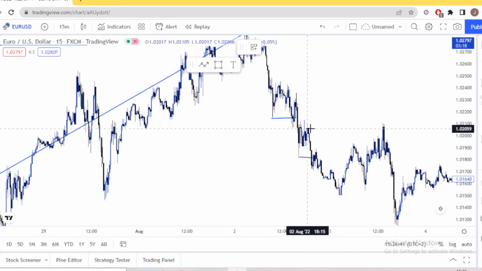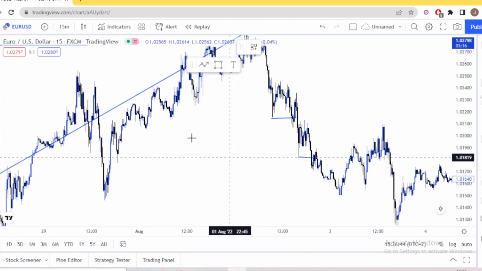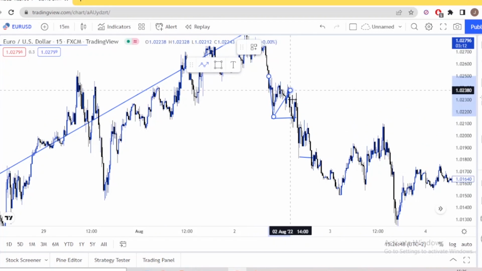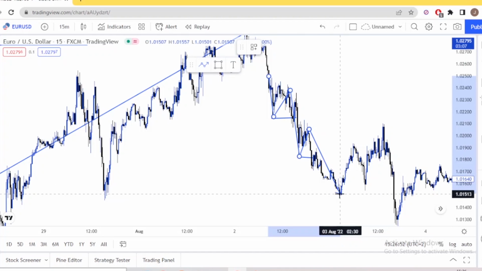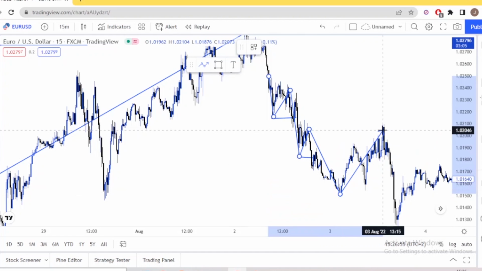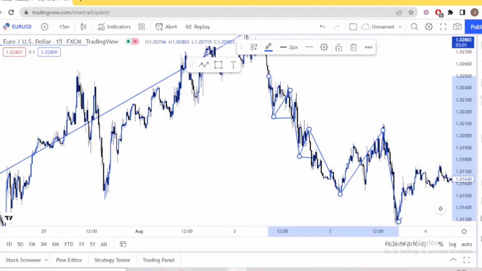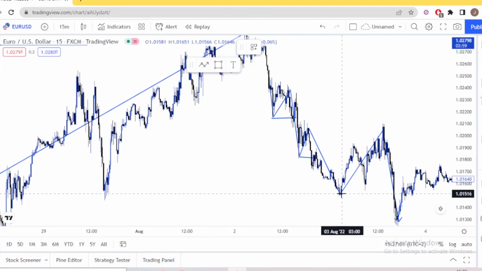And after the push back into the zone, what did we have? Remember guys, here it's impulse, correction, impulse, correction, then impulse, then correction, then also the impulse. So here we had a break of structure.